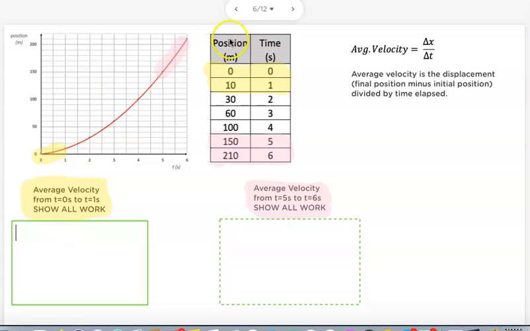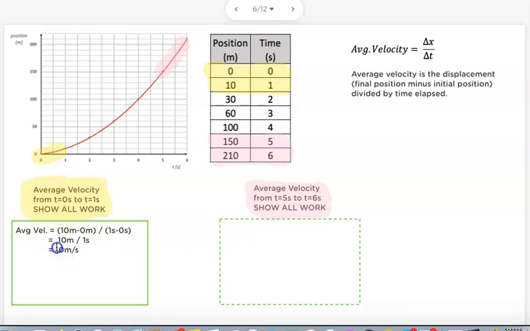So to find this average velocity, I'm going to say that it's equal to, for the yellow segment, 10 meters minus 0 meters divided by 1 second minus 0 seconds, which is equal to 10 meters divided by 1 second, which is, written more simply, 10 meters per second.